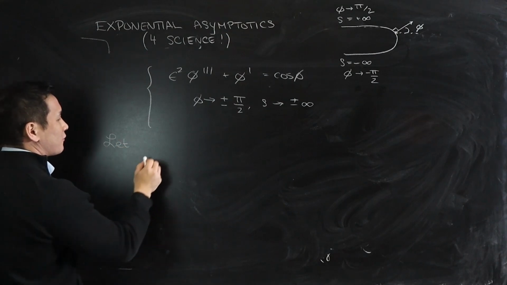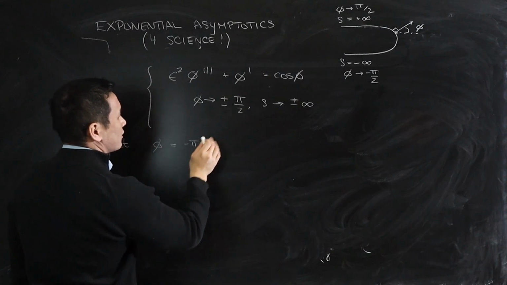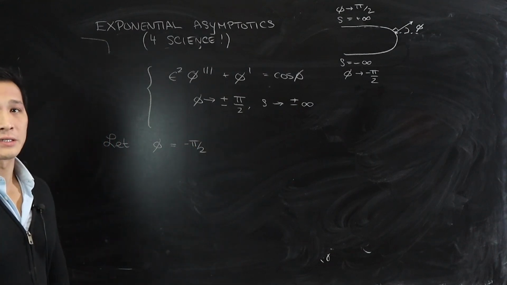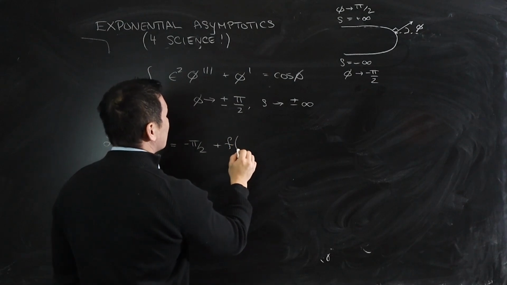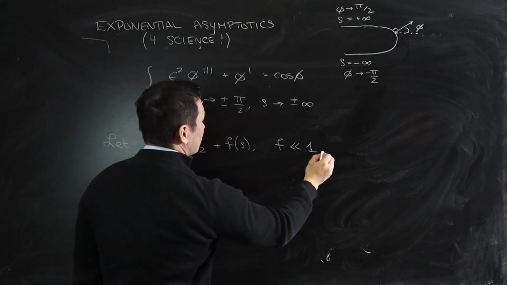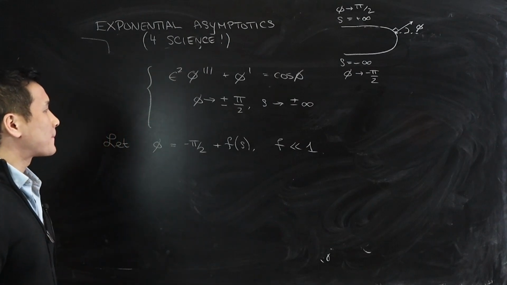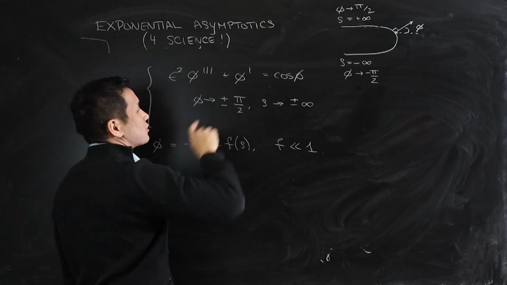So let's let phi be equal to minus pi by 2. We're going to look at the boundary condition at s equal to minus infinity. So let's let it equal minus pi by 2 plus some function f of s. And let's make the assumption here that f is small. In that case, you can expand the cosine term here.